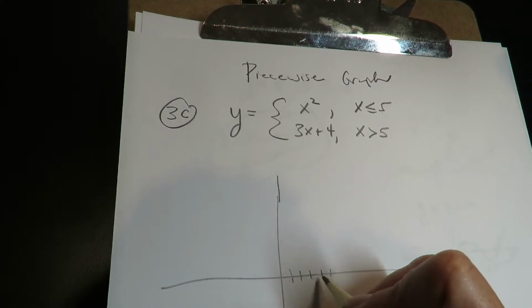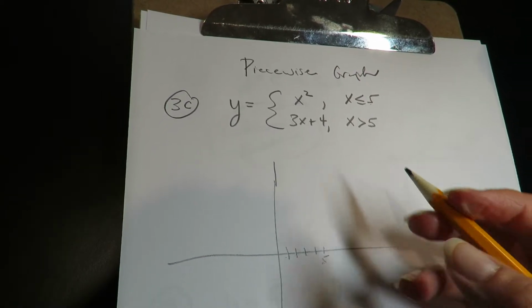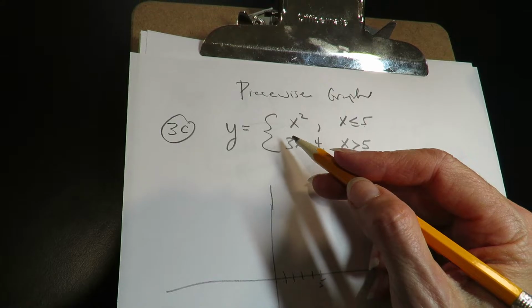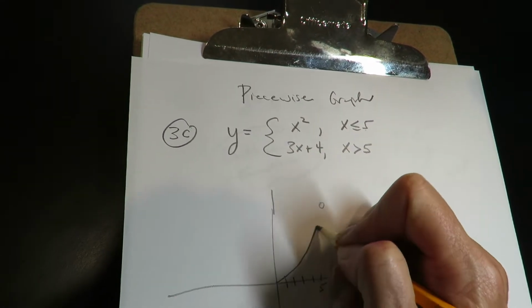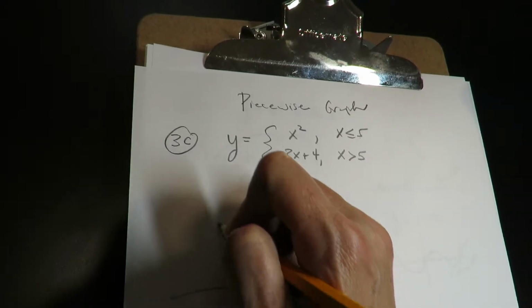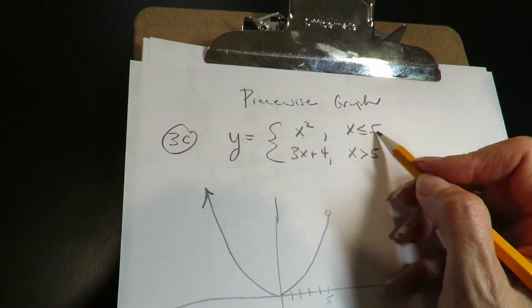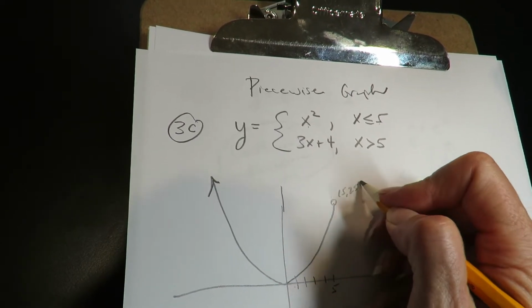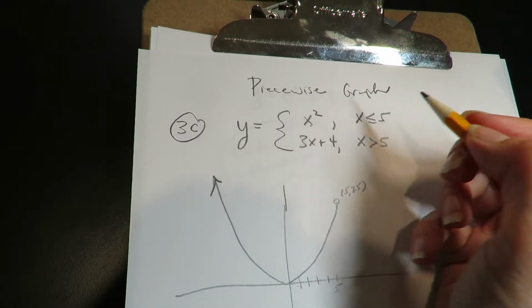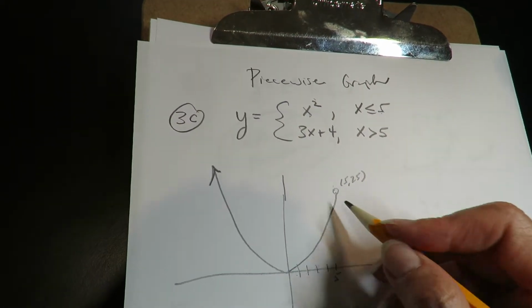They're not huge, but relatively speaking for graphing, they're quite large. So anything less than 5 is this graph. This is not going to be drawn to scale. This is a parabola. It's being cut off at 5. This is at a height of 25, right? Because if you plug 5 into here, that's 25 at 5.